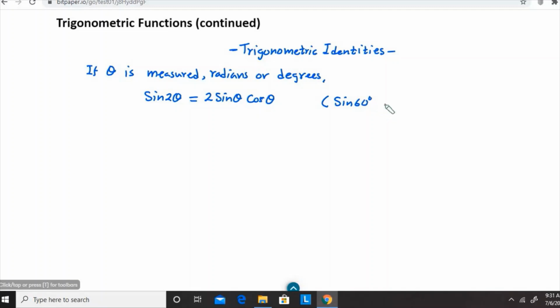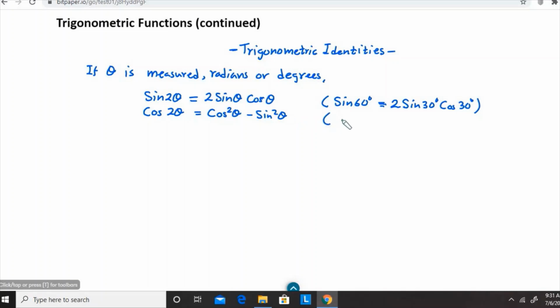As an example, let's say you have sine 60 degrees. You can expand this as 2 sine 30 degrees multiplied by cosine 30 degrees. Sometimes it's called the half angle identity because you have 2 theta here and theta here. And the corresponding cosine 2 theta can be written as cosine squared theta minus sine squared theta.